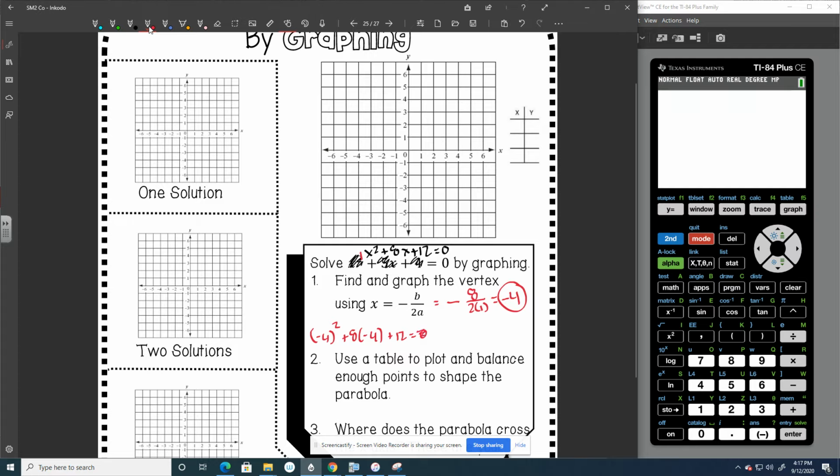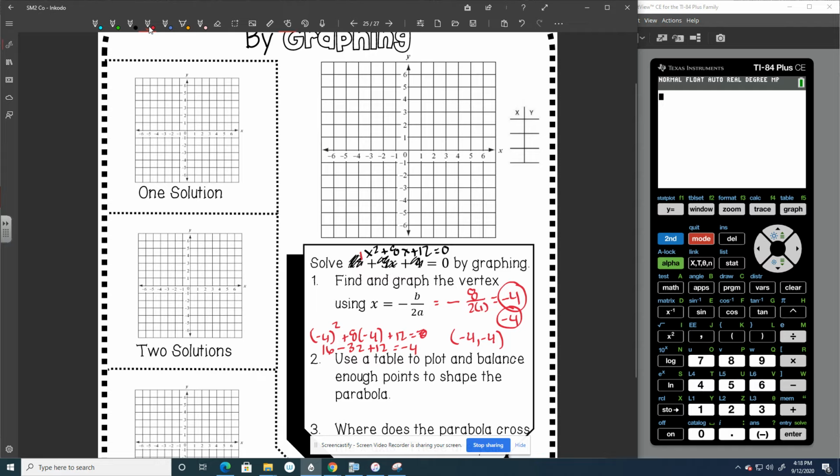Negative 4 squared is 16. 8 times a negative 4 is a negative 32, and a positive 12 is positive 12. So 16 minus 32, that's negative 16, plus 12 is going to give me negative 4. So when my x is negative 4, my y value is also negative 4. So my vertex is negative 4, negative 4.